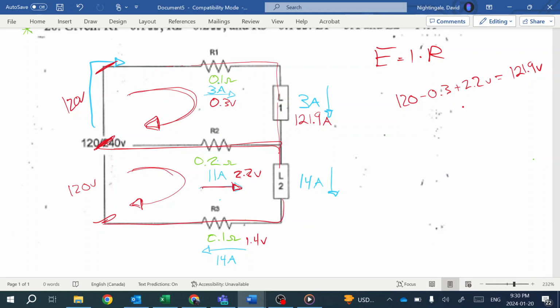Whenever that happens, it's a drop. So we've got 120 minus 2.2, and then minus 1.4 through that conductor. And that's going to give us 116.4 volts.